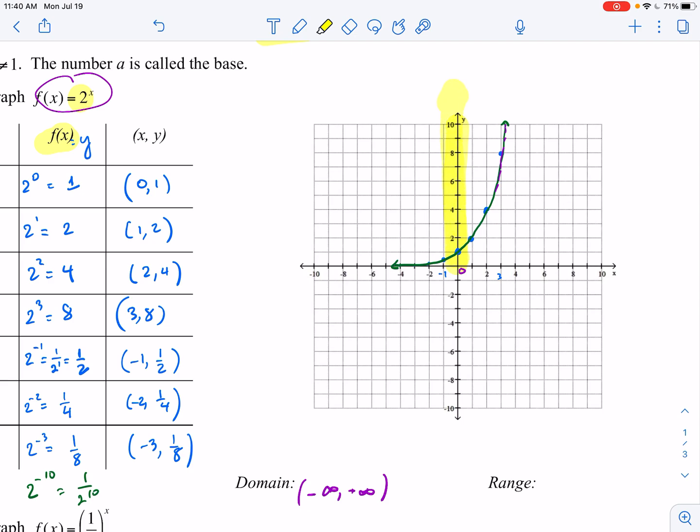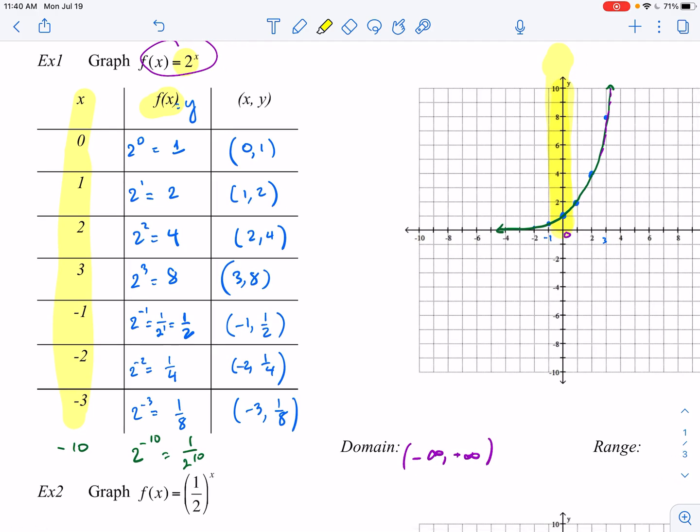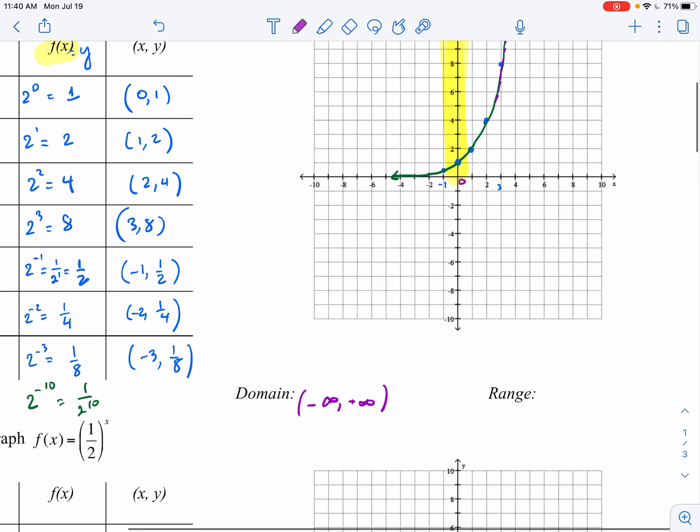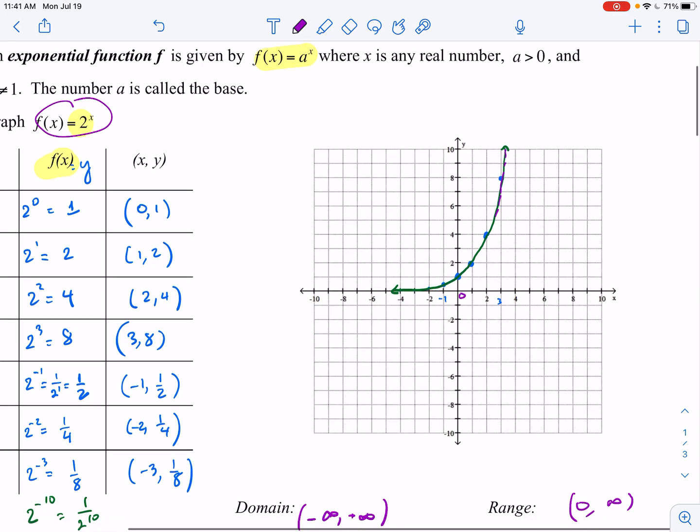But remember, it can't be equal to 0, because no matter what value of x we pick, the y value is always going to be greater than 0. So our range is going to be from 0 to positive infinity, but 0 can't be included in the range because there's no x that maps to that, so we use an open parenthesis.